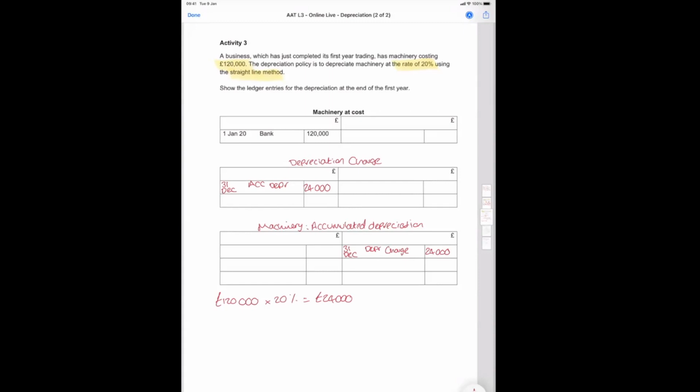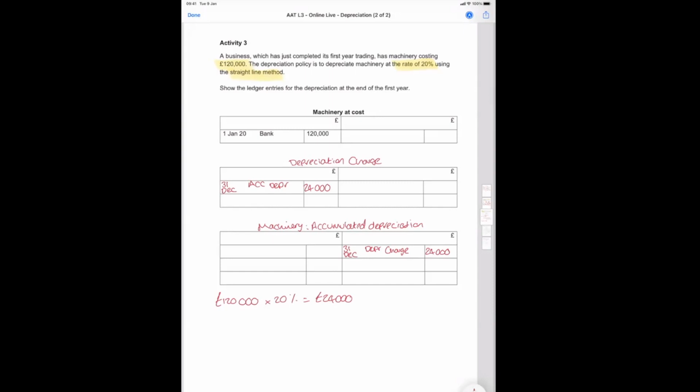Okay, so we record the annual expense within the depreciation charge account, and then we record the accumulated depreciation on the credit side within the accumulated depreciation account.